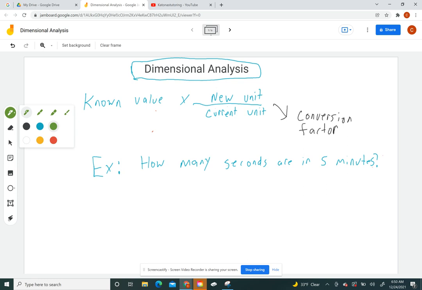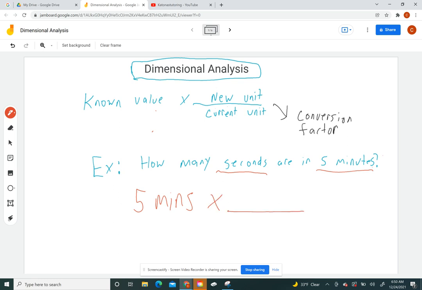In this example problem, I want to know how many seconds there are in 5 minutes. So what I'm going to do is I'm going to take my 5 minutes, my known value, and I'm going to multiply it by a conversion factor. This conversion factor is going to relate minutes to seconds.